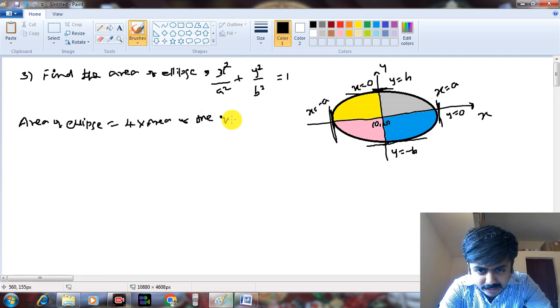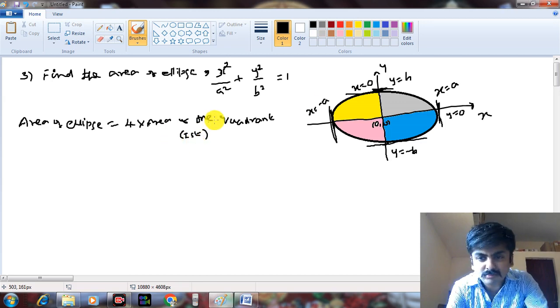You can take any one quadrant, but since area is positive, you prefer to choose the positive quadrant to make our steps very easy. Keep in mind, the area of one quadrant will always be the first quadrant, for convenience.